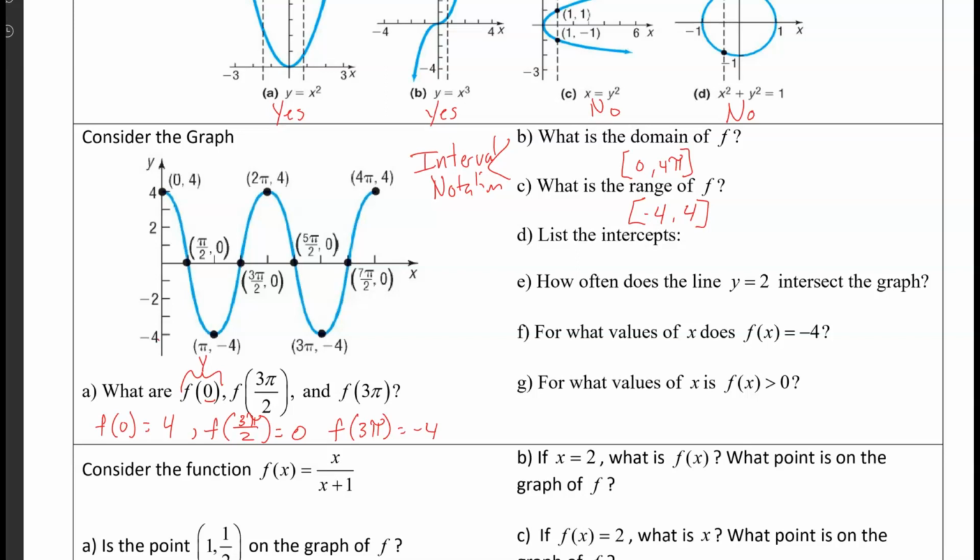What it means is y is equal to 2 no matter what x is. So if x is pi over 2, it's 2. If x is 3 pi over 2, it's 2. If x is blah, blah, blah, it's always 2. It's that line right there. So here, that y equals 2, you're right, does intercept 4 times.